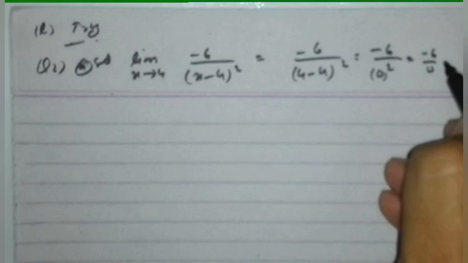Now put the limit value here, under root 5 plus under root 5. We get 1 over 2 under root 5. This is the answer. Part D, try by yourself. This is also 0 by 0 form, and you will rationalize the numerator. In the same manner you will get the answer 1 by 10.